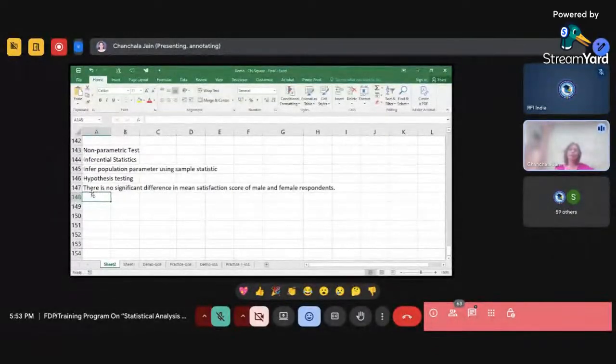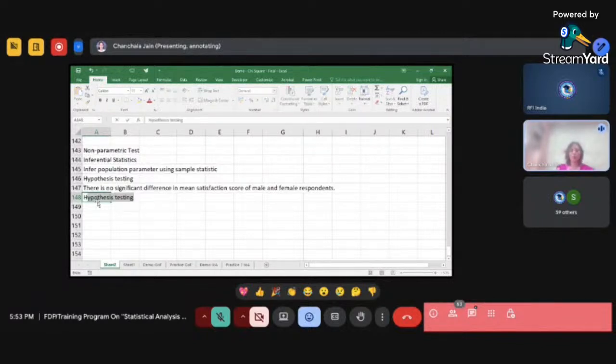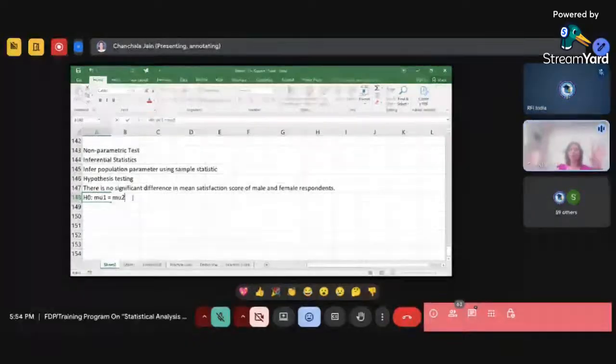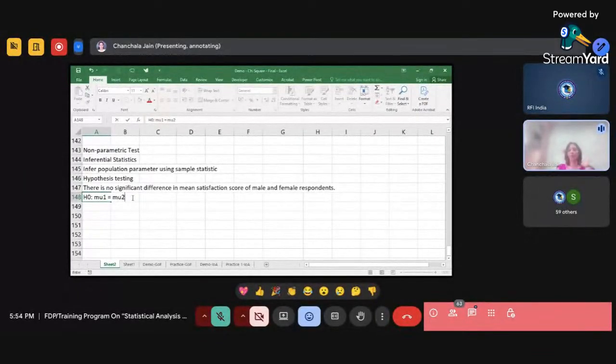So if you have seen the symbolic hypothesis, you have generally observed this: we write mu1 equals mu2. That is, population mean 1 equals population mean 2, meaning the population mean satisfaction score of males is equal to the population mean score of females. This is the meaning of this.